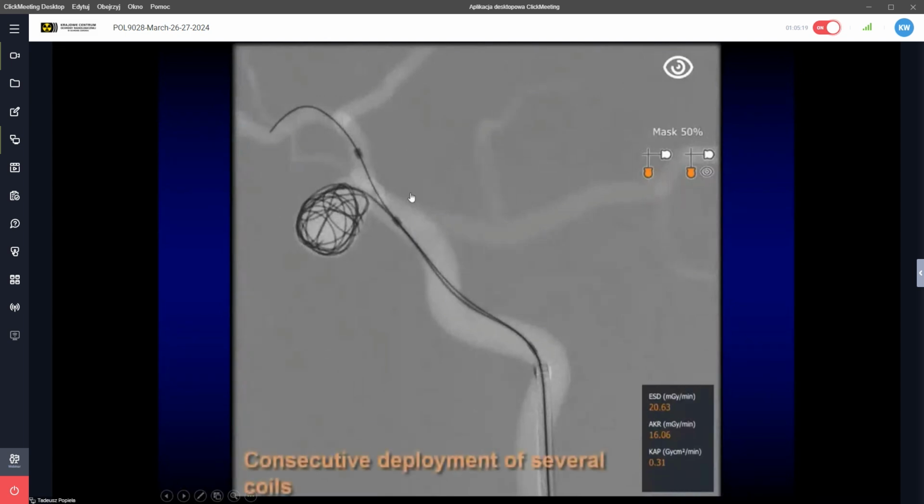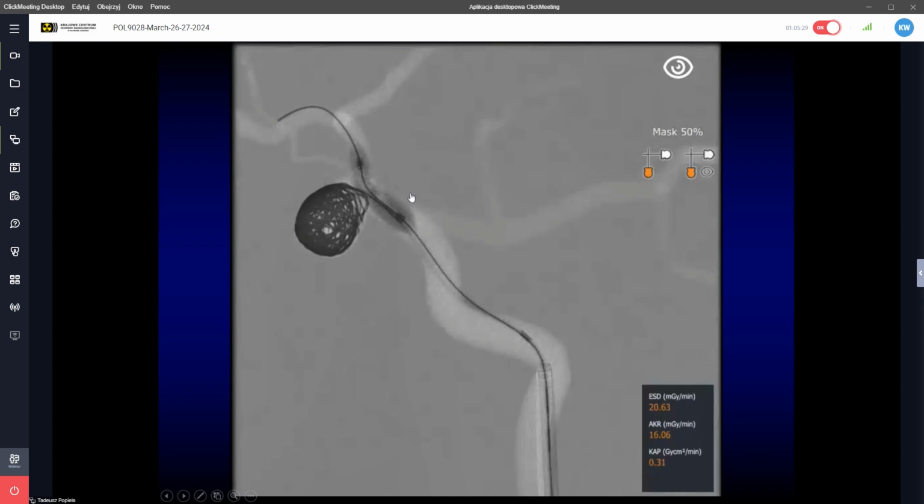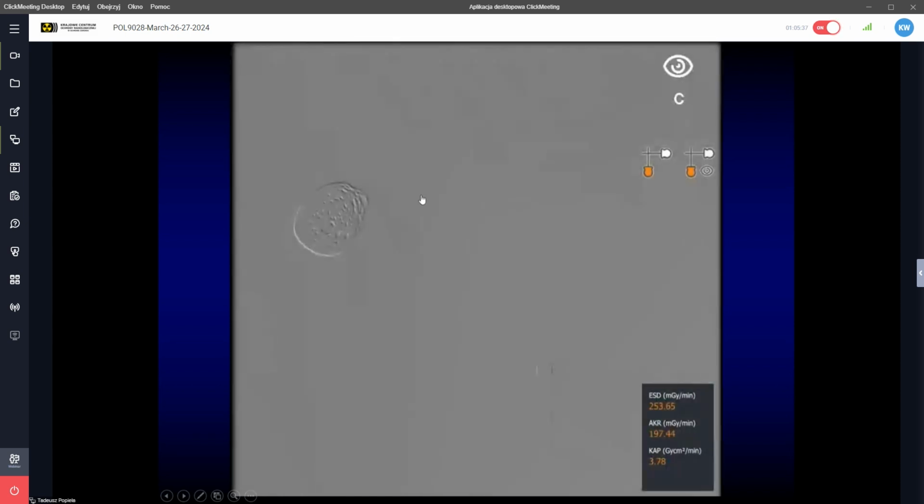But the second thing is that we must assess that there is a stabilization of the coil inside the aneurysm sac, that there is no tendency to go out. So of course, the safer option is to keep the balloon inflated during the embolization, and at the end, we perform the control DSA, to be sure that all coils are inside and there is no contrast media inside the aneurysm.